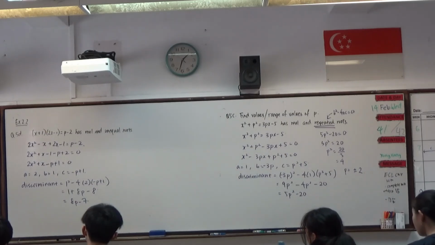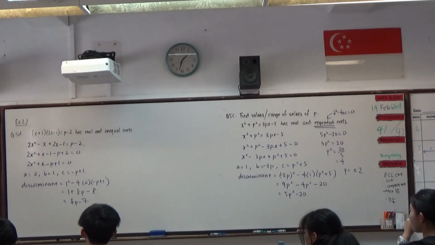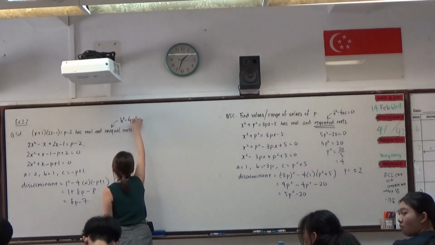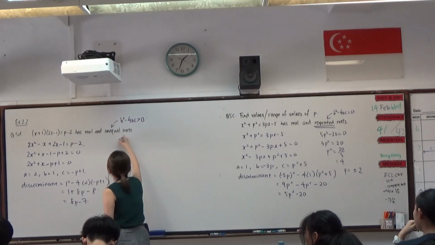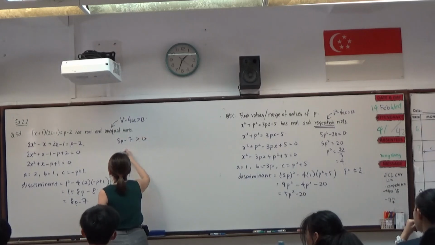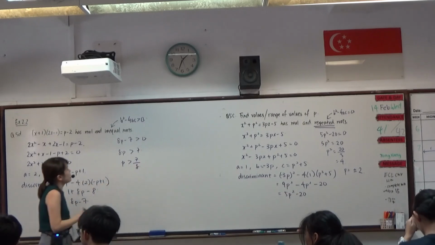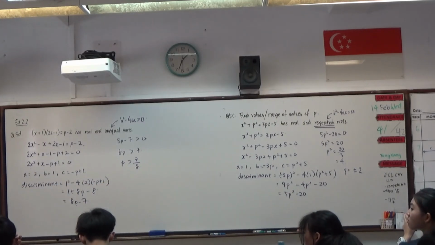So what's unequal? What does unequal mean to you? What does unequal mean? In English, not equal, right? So there are two solutions, they are not equal, that means they are different. So that means the discriminant is more than 0. Okay, so 8p minus 7 more than 0. So we find that the range of values of p will be more than 7 over 8.